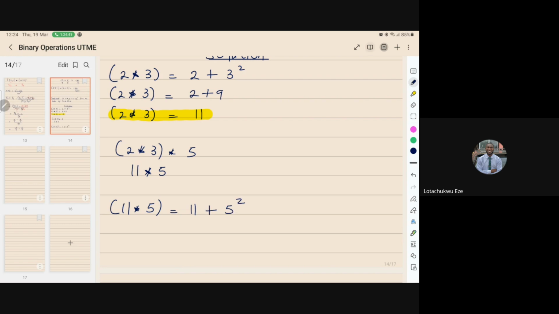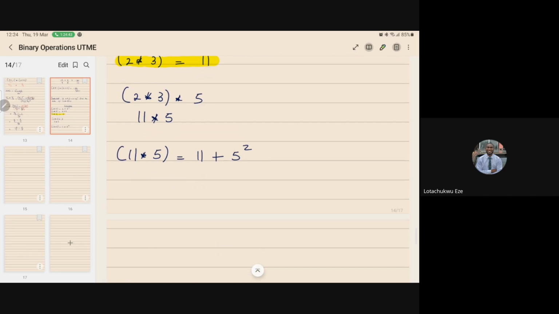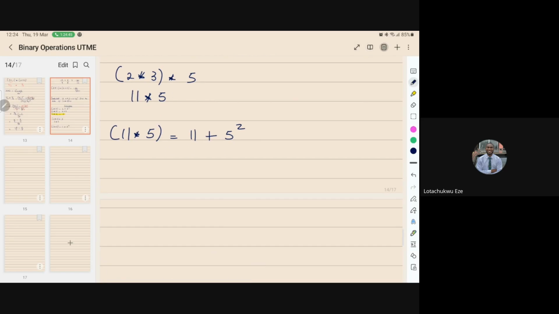By the way, they gave us options. I forgot to put the options. So now we have 11 * 5 is equal to 11 plus 25, which is 25 plus 11. That will give us 36. So this is equal to 36.